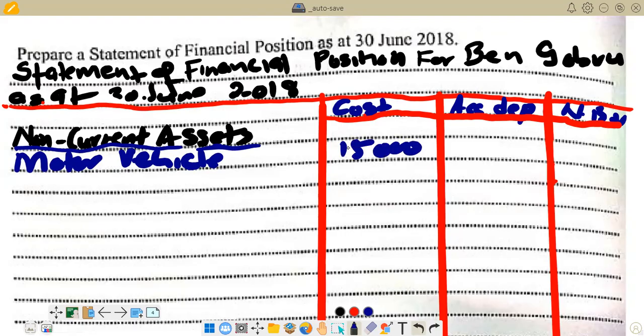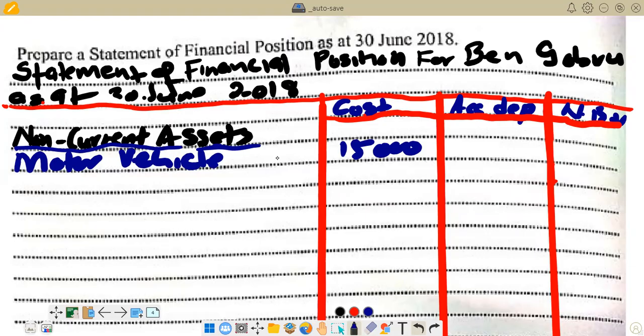And then accumulated depreciation, now we can go back to see how we can calculate it. The figure for accumulated depreciation, we can go back to check how we can calculate it. Obviously, for accumulated depreciation, we are going to say depreciation, what balance that we have in the list of balances.